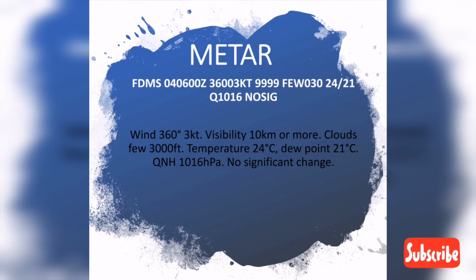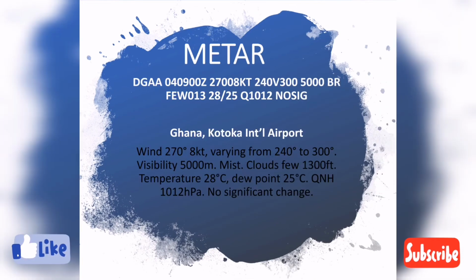So observed at the Matsapha International Airport in Manzini, Swaziland, on the 4th of the month at 0600 Zulu, which would be 0800 local time. Wind 360 degrees true, and speed 3 knots. Visibility 10 kilometers or more. Few clouds at 3,000 feet. Temperature 24, dew point 21, QNH 1016. No significant change in the weather.